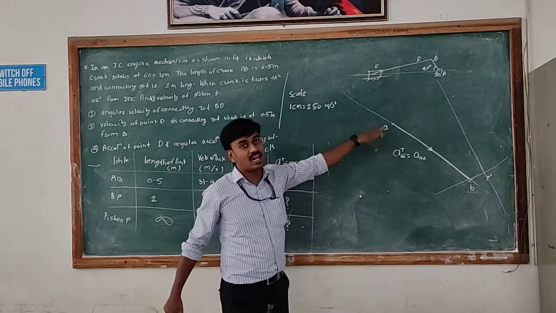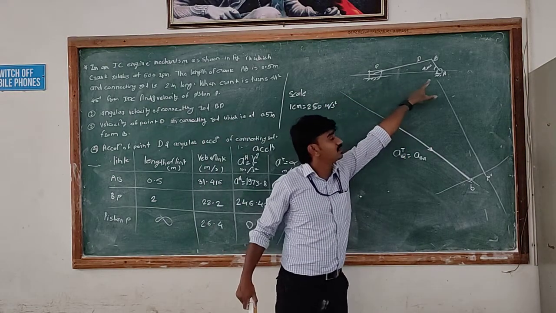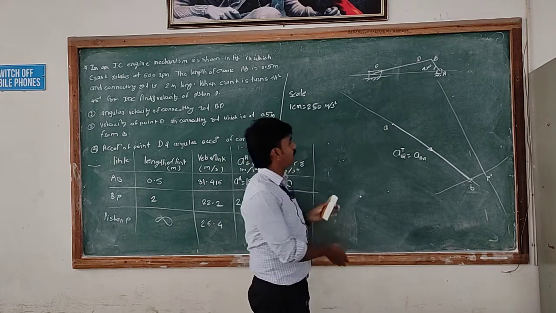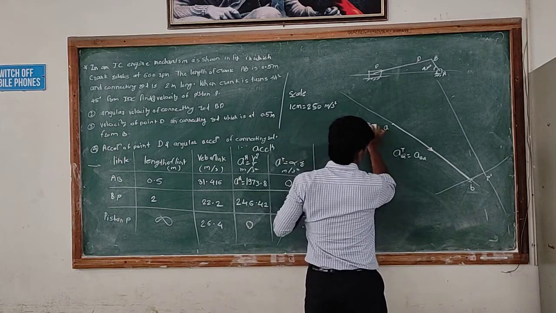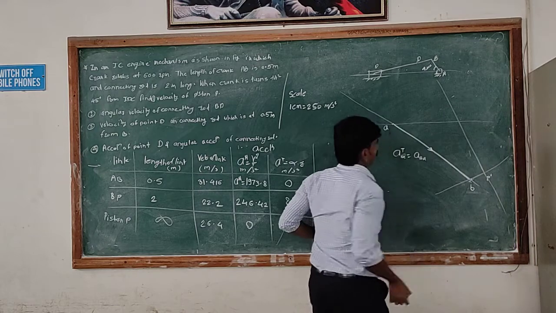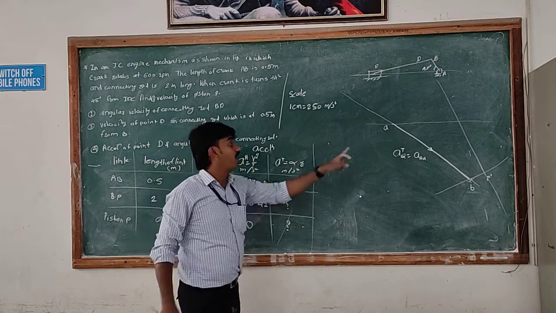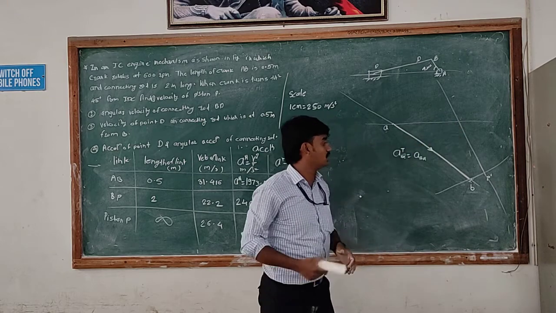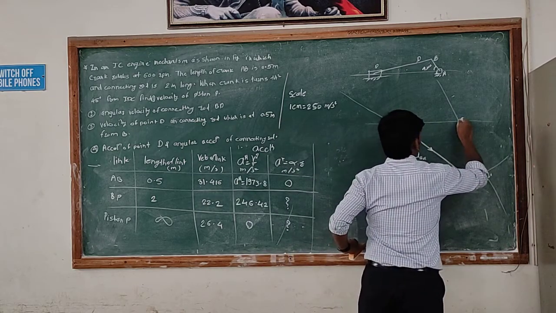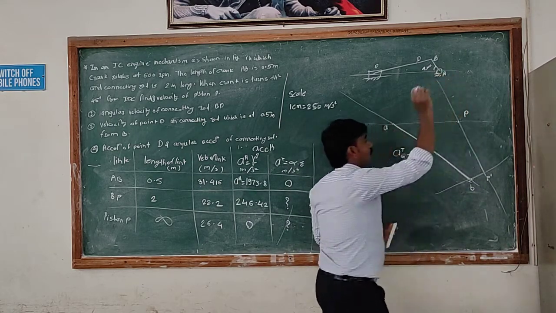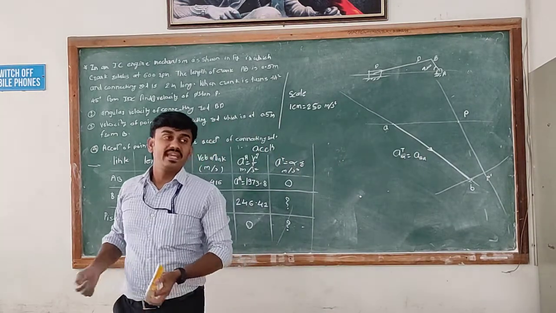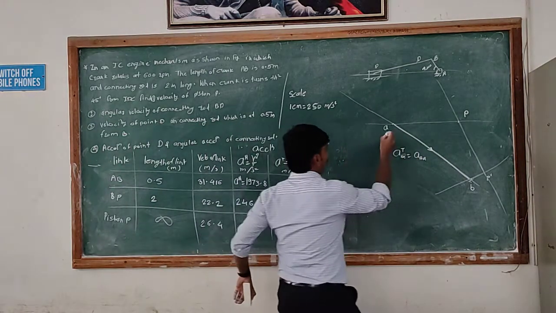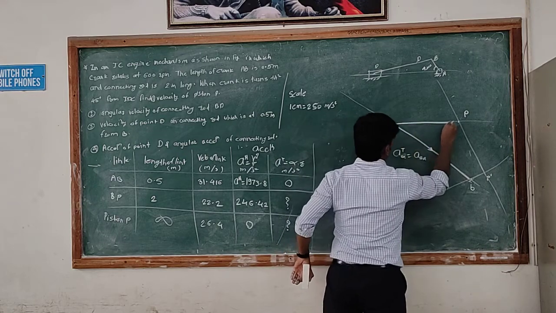So draw one line parallel to this stroke line and passing through point A. Where these two lines meet each other, we will get the point P. So join A to P, this line A to P.